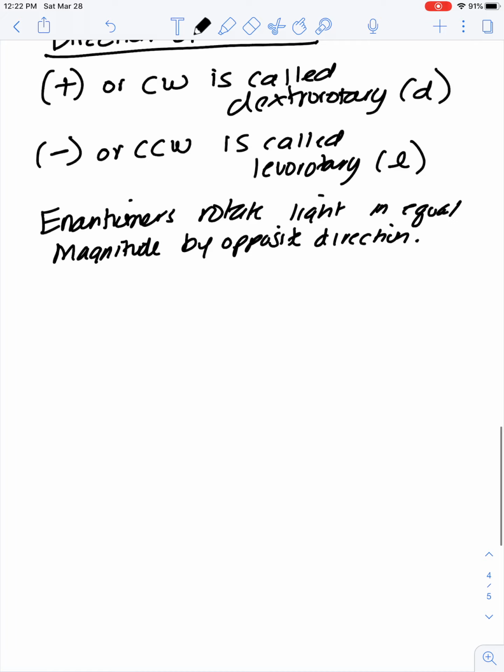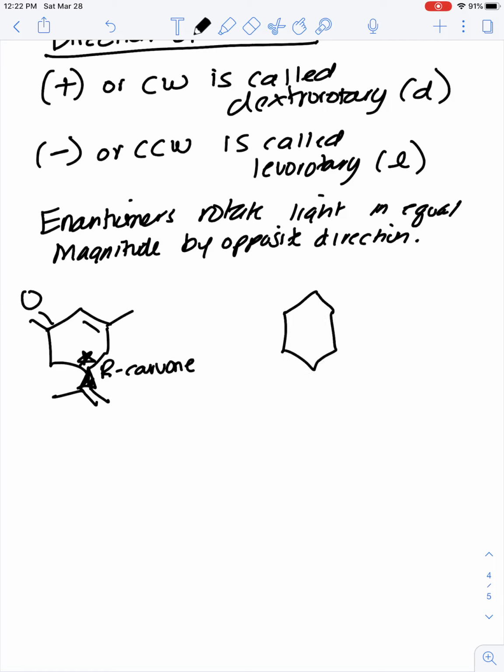So let's look at your carvones. Here's our stereocenter. This would be our carvone. This will be good practice if you want to practice your stereocenters of R and S configurations. So this is S-carvone.